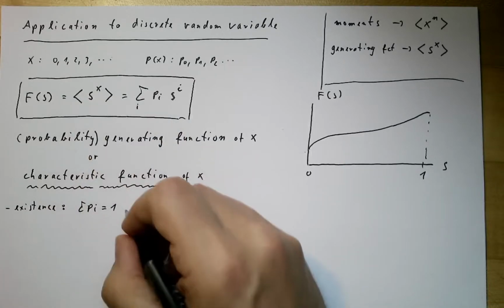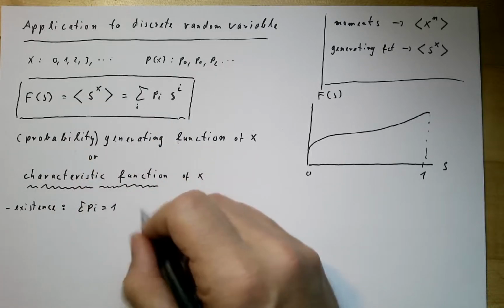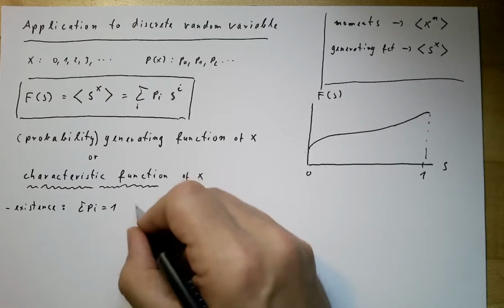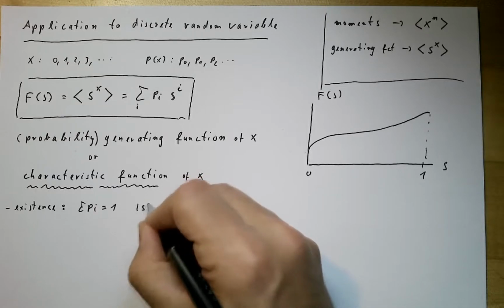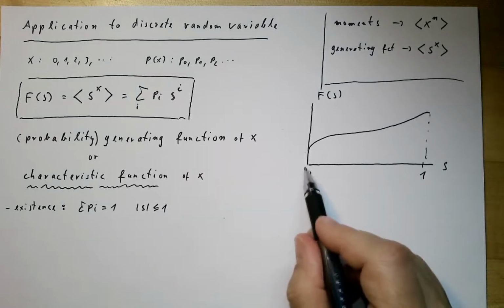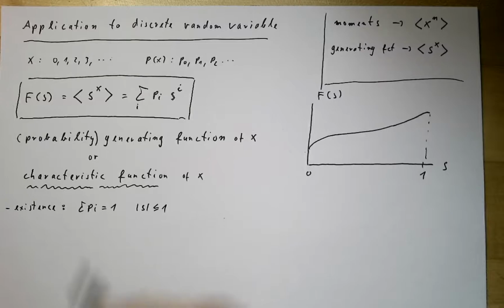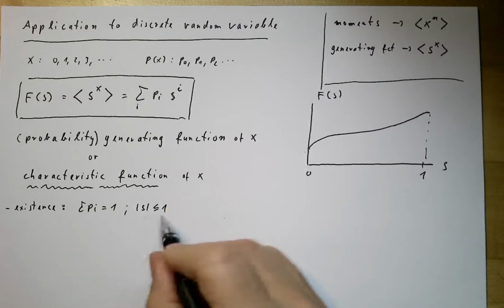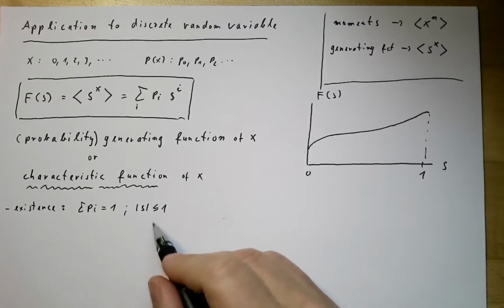So this converges for s smaller than 1. But basically I just want to plot it between 0 and 1.